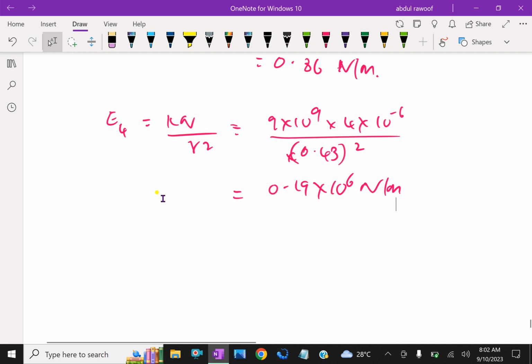Since the charge is positive, the electric field at point P is directed away from it.